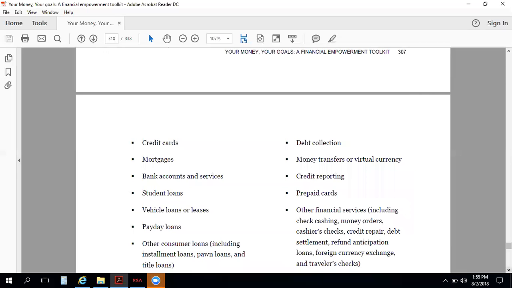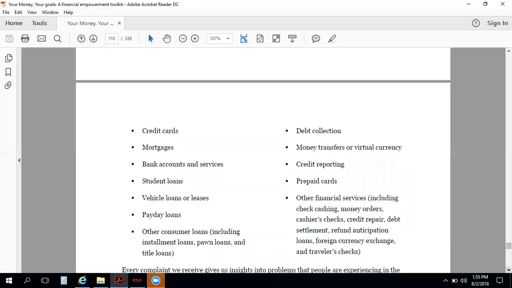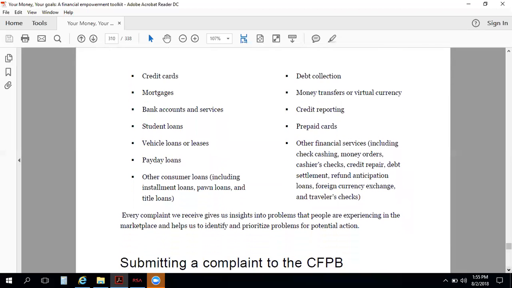The CFPB's job partly is to investigate unfair business practices by some of these establishments. If a client goes ahead and files a complaint because they feel like they've been either taken advantage of or their money was mishandled or what have you, the CFPB can look into those kinds of complaints.